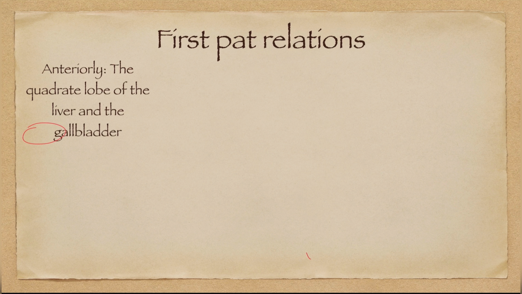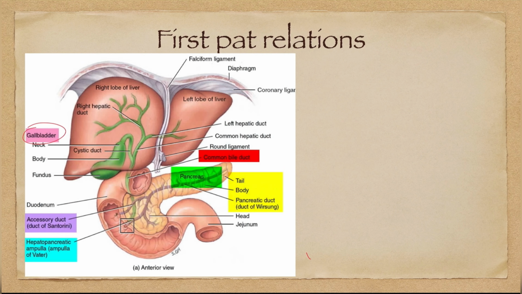First part of the duodenum, as we all know, is connected with the stomach by the pyloric sphincter, also in a transverse way along the transpyloric line of the abdomen. The anterior relation of the first part of the duodenum is with the quadrate lobe of the liver and gallbladder, as you see here.